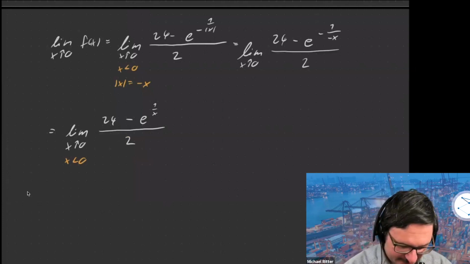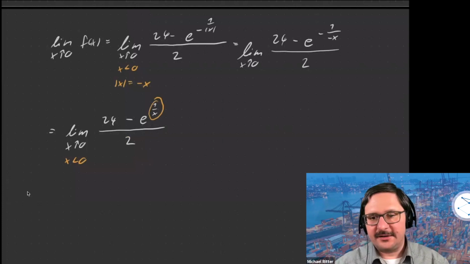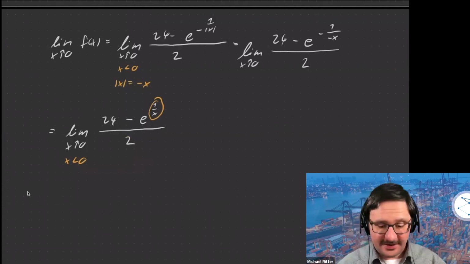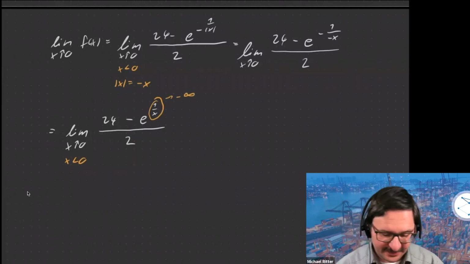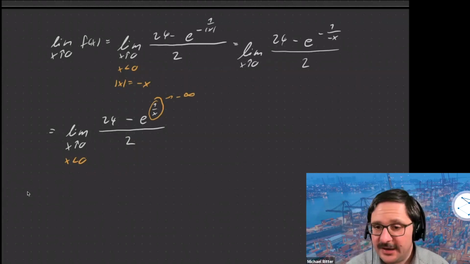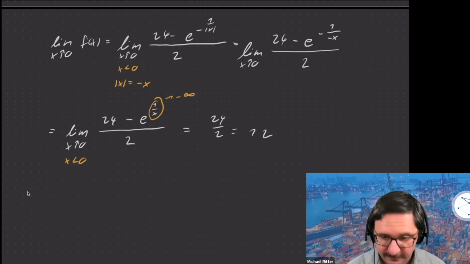That means as x tends to 0, 1 over x tends to minus infinity because x is negative. So this again tends to minus infinity. So we again have e to the minus infinity, well, that's 0. And that means we again get 24 divided by 2, or 12.